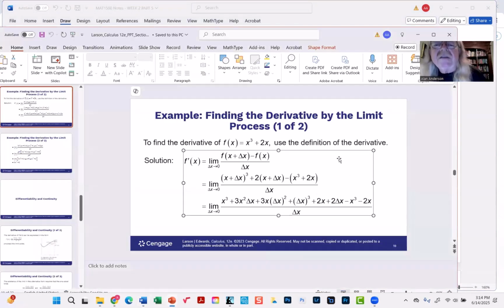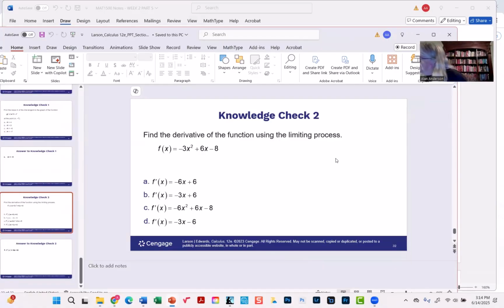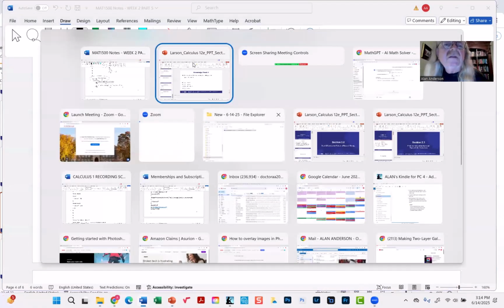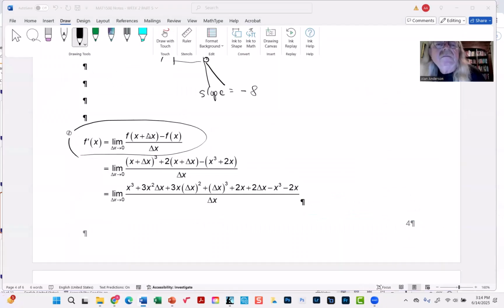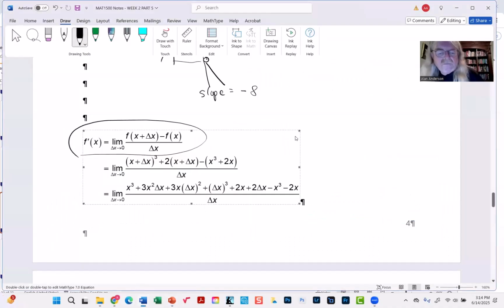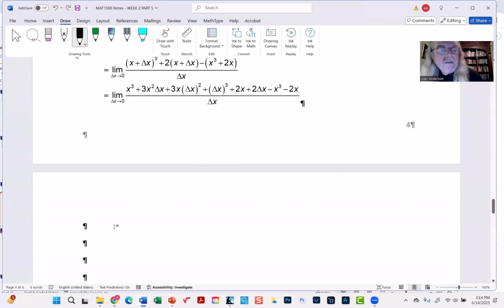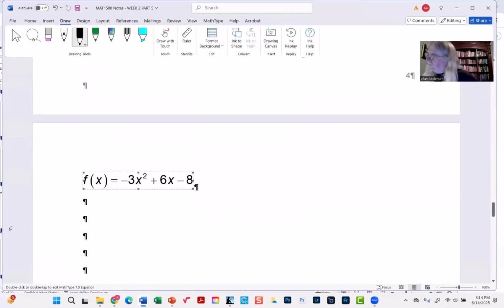And the function they've given us is negative 3x squared. Or I'll just copy that. All right, so what we should probably do first is solve for f of x plus delta x.